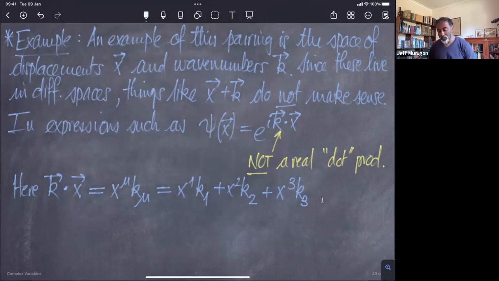Okay. Most of the vector spaces that we will have chance to work with will come equipped with an inner product. An inner product is just a bilinear form that maps 2 copies of the vector space to the reals.